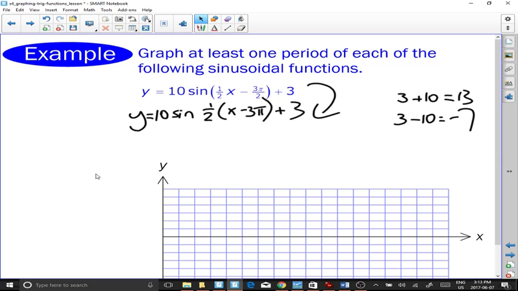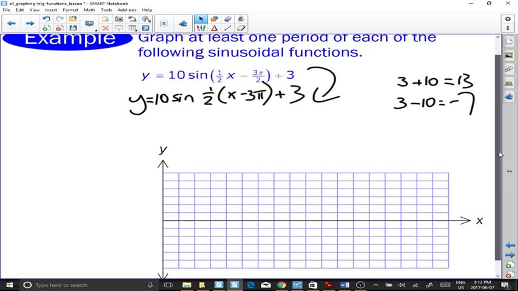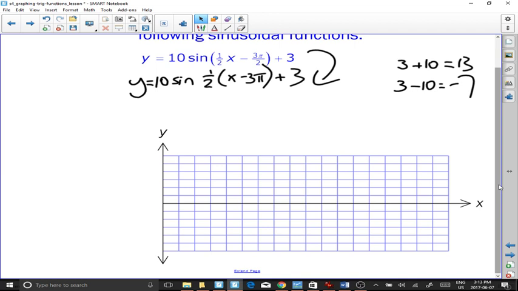So we have to pick a vertical scale that at least will cover all values from -7 to 13. Well, to do that effectively, we can make every grid square worth 3, I guess. I don't know how great that is, but we can work with that, I guess. So this is 6, 12, 18, -6, -12, -18.